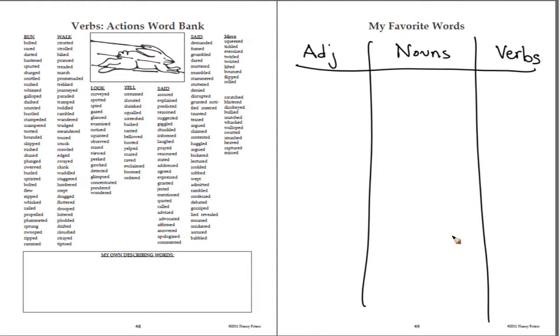So if they want to use it in their own writing, they right away have identified the part of speech, which is critical. Because you know, oh, I want to add an adjective. Maybe one of my favorite words could be that adjective, and they just go to the adjective column instead of just a bunch of words written on a page.